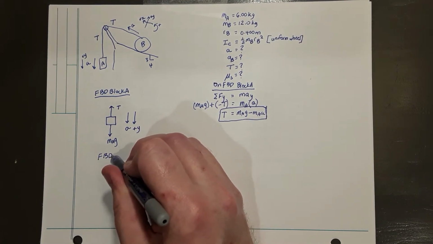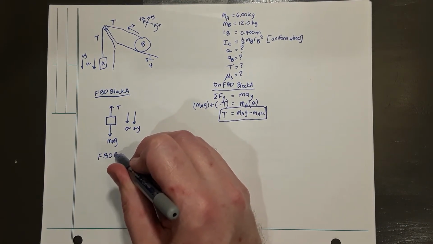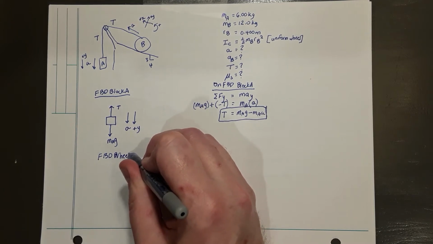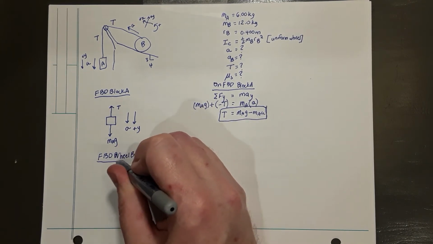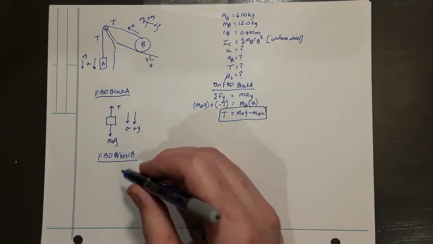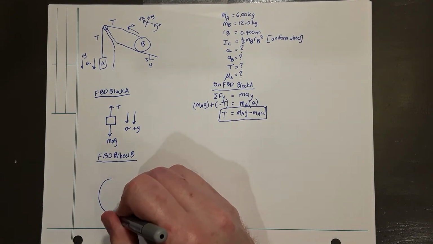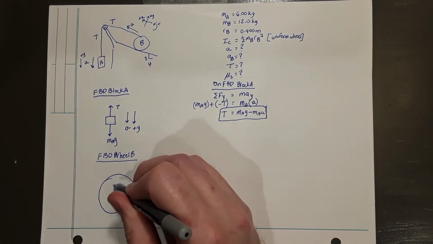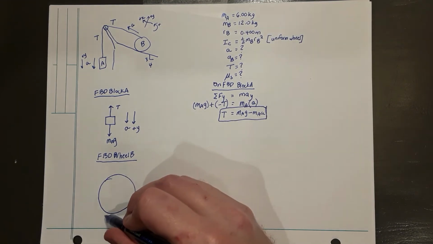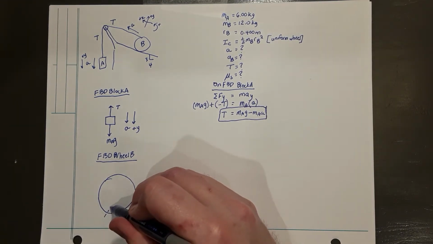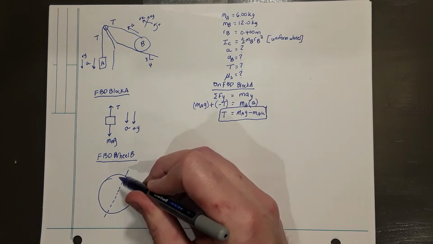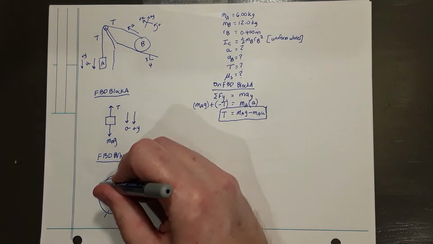If we go to the free body diagram of the wheel, this one's a little bit more complicated because we have an object, a rigid body that is exhibiting rotation, but it is rolling motion.